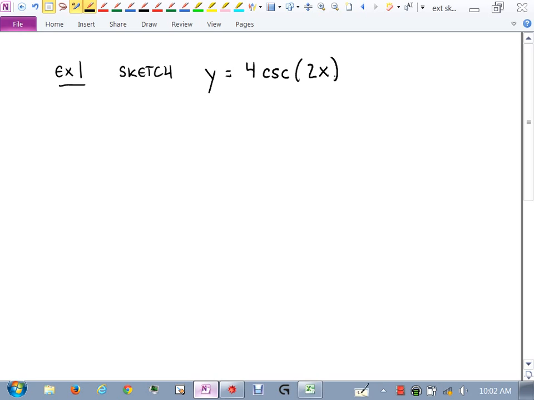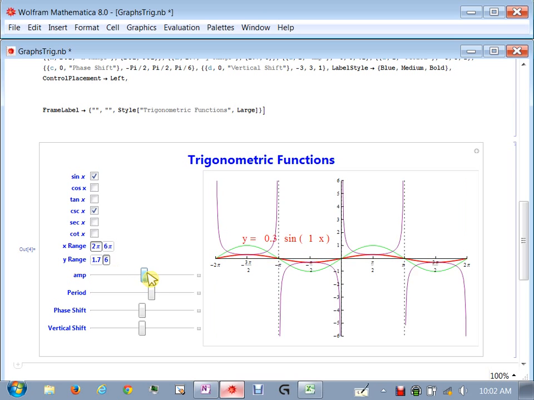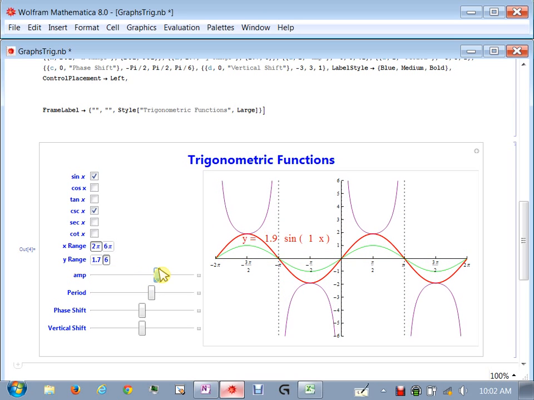So how are we going to do this? If I want to draw this cosecant function, probably should graph the sine of it first, right? Does changing the amplitude... oh, I do have it connected. Yeah, look at how it changed.